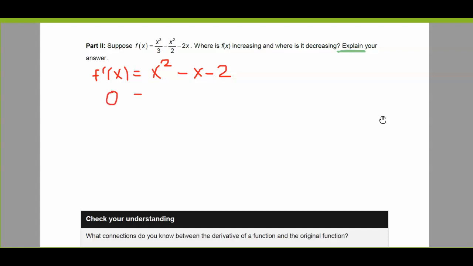Well, when the derivative is 0, we have these things called critical points.